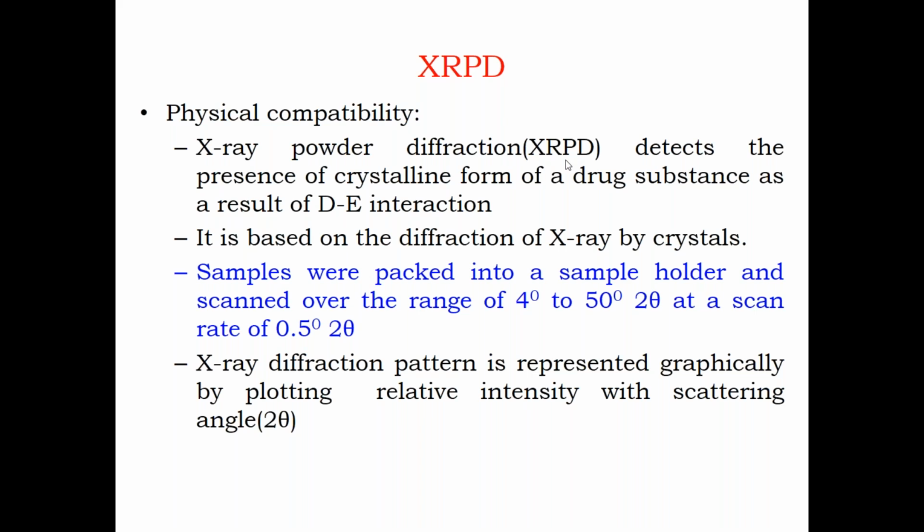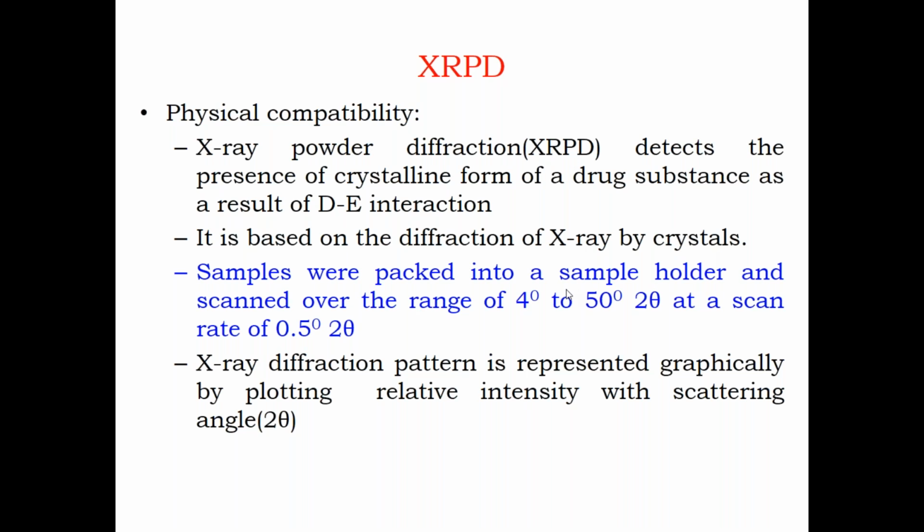This X-ray powder diffraction technique is mainly used for understanding in detail the crystalline property of the drug or the excipient, whatever it may be, or the crystalline property which may be disturbed because of drug-excipient interactions. Ultimately, it tries to explore each and every detail of the crystalline sample.